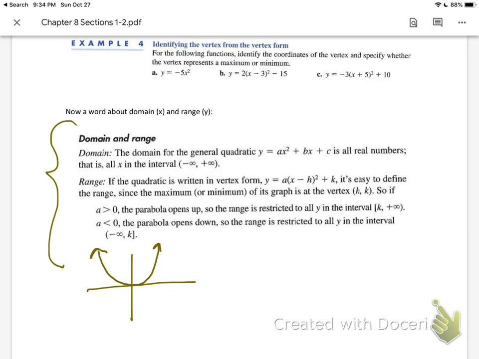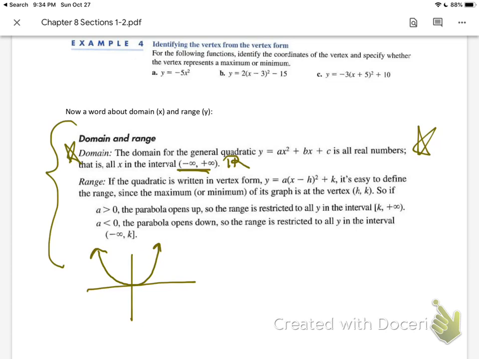First off, domain for all parabolas is always going to be all real numbers, which you can write like this, or in interval notation, negative infinity to positive infinity. So every x is included in the domain. That's what that means.